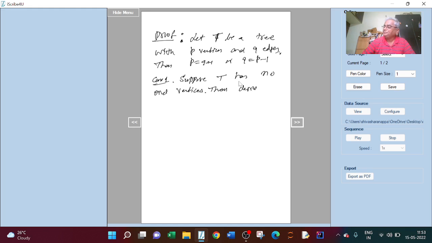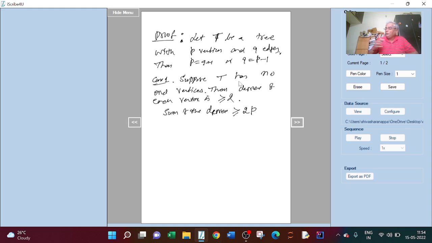Degree of each vertex is greater than or equal to 2. Then what is the sum of the degrees? The sum of the degrees is greater than or equal to, since a total of P vertices are there and the degree of each vertex is greater than or equal to 2. Therefore, the sum of the degrees is greater than or equal to 2P.